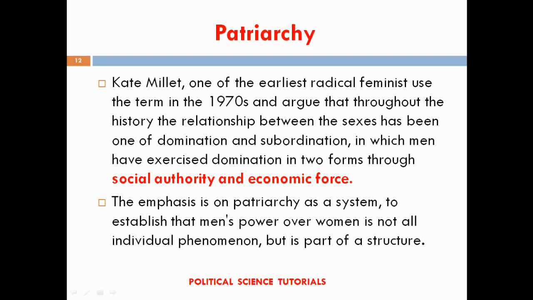The emphasis of our analysis is on patriarchy as a system. And what does this system do? This system establishes men's power over women. And this domination is not an individual phenomenon, but is part of a structure.